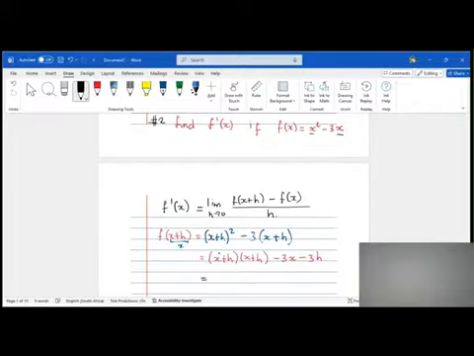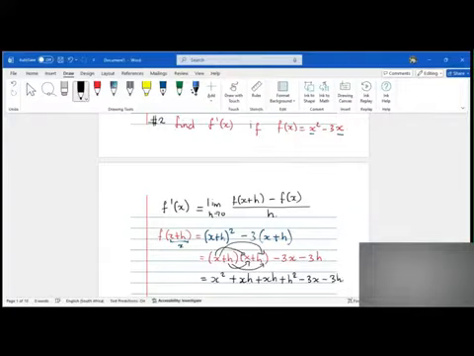So x multiplied by x is x squared, then x multiplied by h is plus xh, then h multiplied by x is plus hx, which is the same as xh because multiplication is commutative, and h multiplied by h is h squared. This is what we have so far.